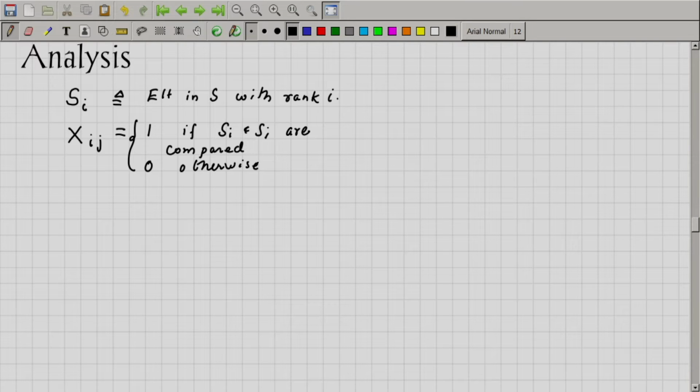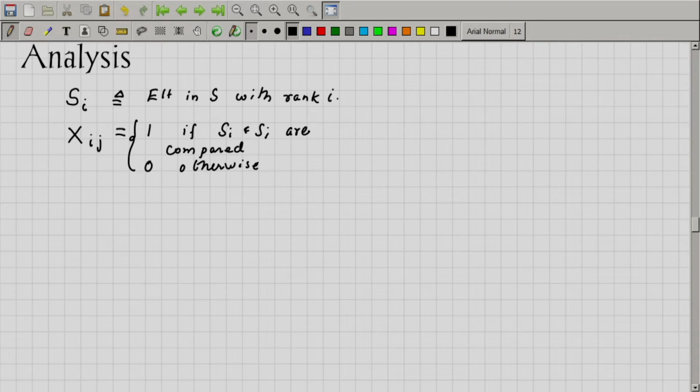So, if we look at any particular elements Si and Sj, if they are compared during the execution of the algorithm, then we will have Xij equals 1, otherwise we will have Xij equals 0. You can note that Xij equals 1 would imply that these are compared, and any elements i and j are compared at most once. Certain elements may not be compared at all.